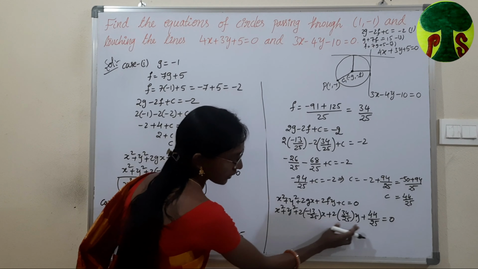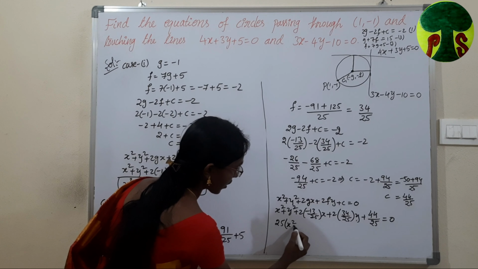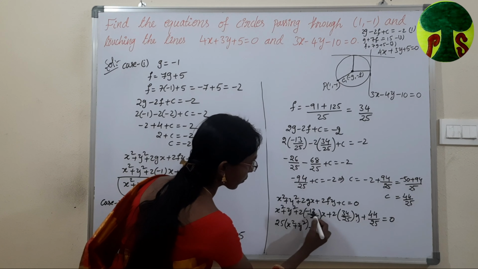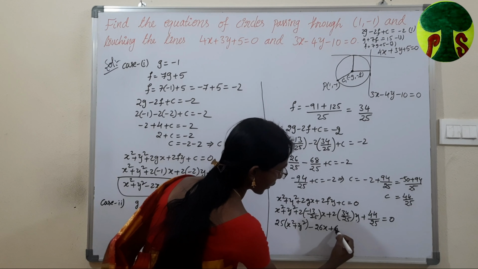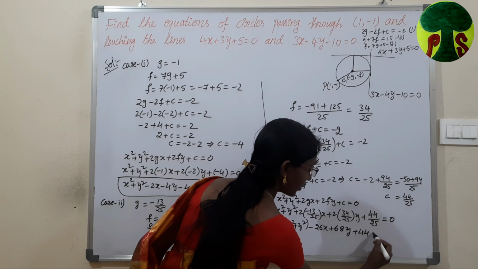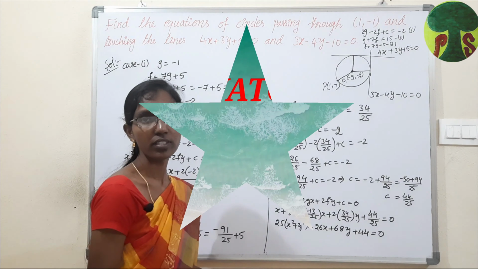Now if you observe, the LCM is 25, so we will get 25 into x square plus y square minus 26x plus 68y plus 44 equals 0. This is another equation of the circle.